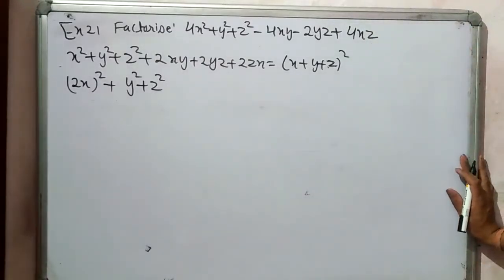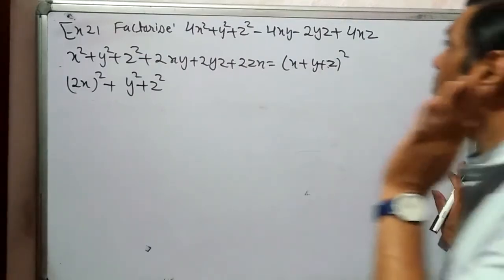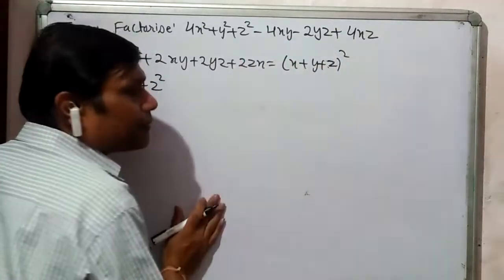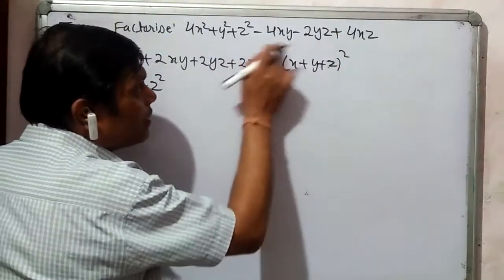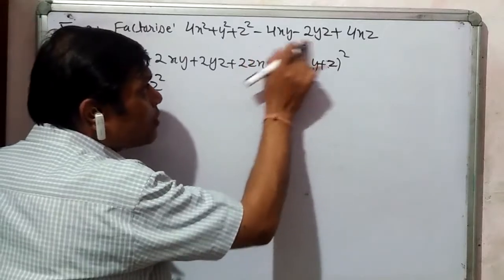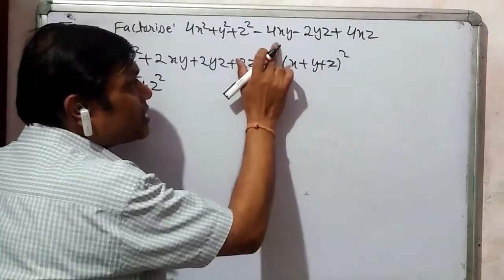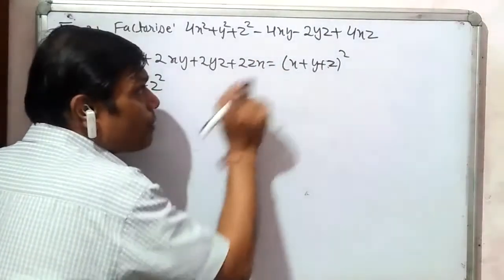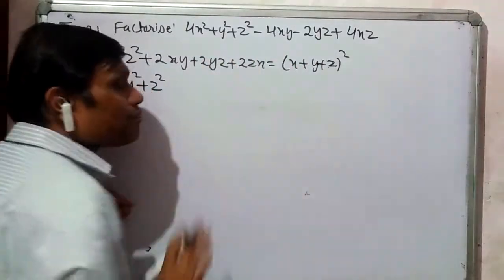For that I will tell you a very simple technique. Observe the 2 negative terms carefully. Out of the 2 negative terms, which variable is common in them? This is variable x and y. This is variable y and z. The common variable is y.